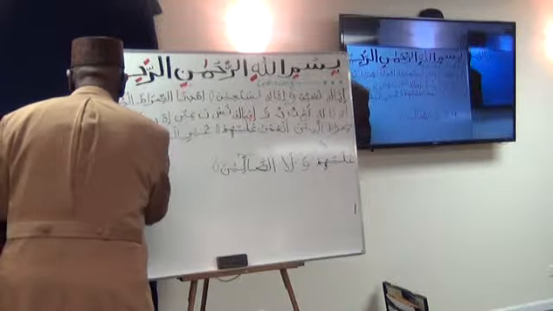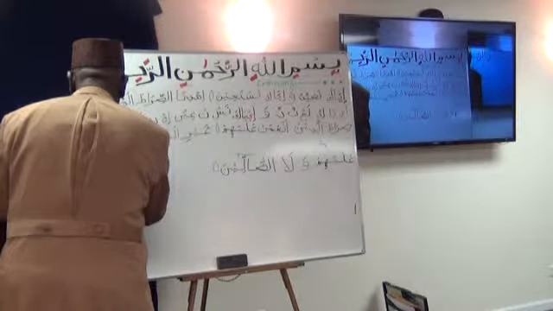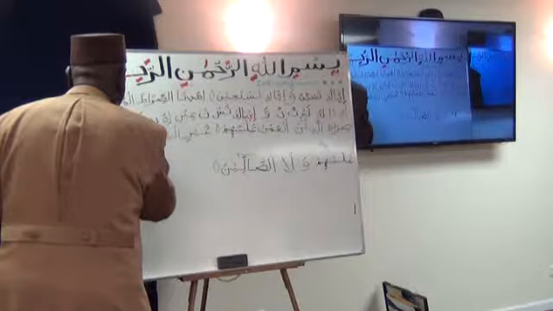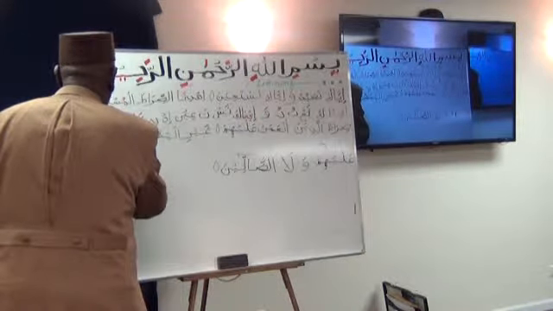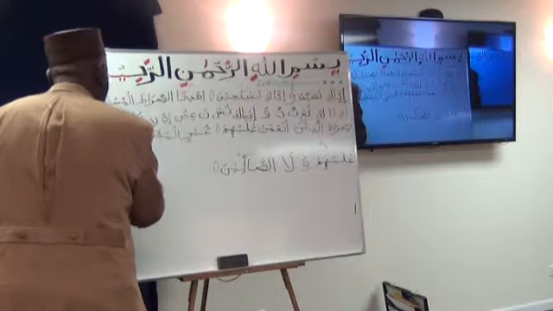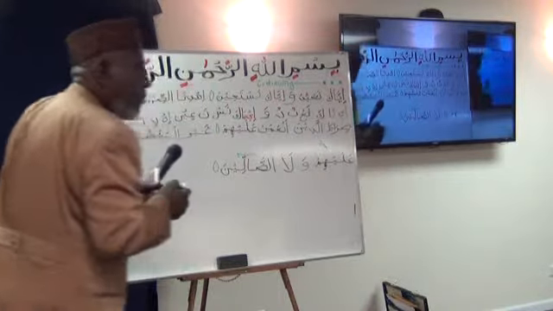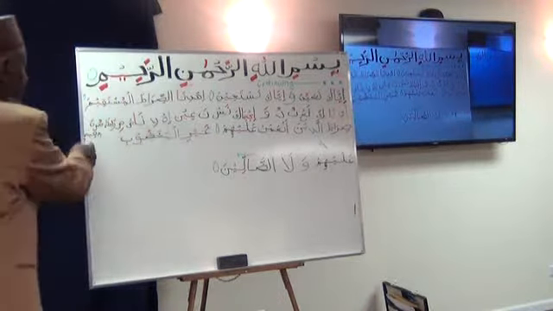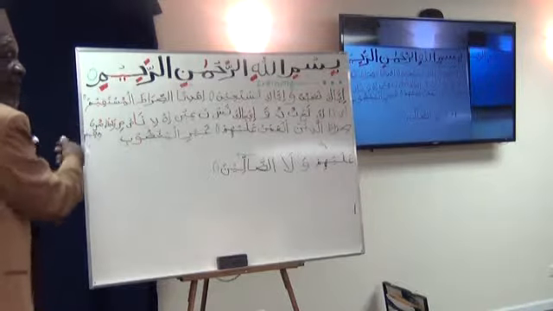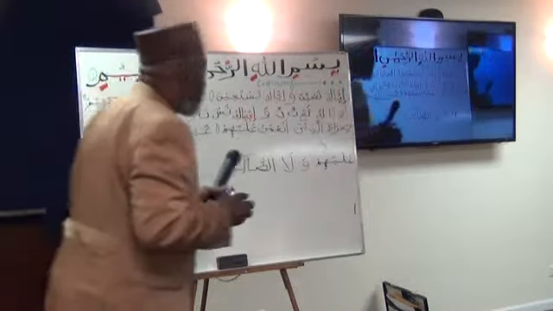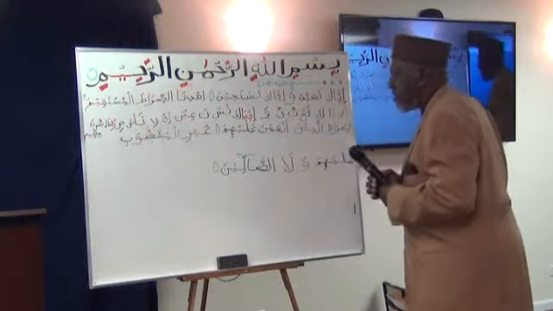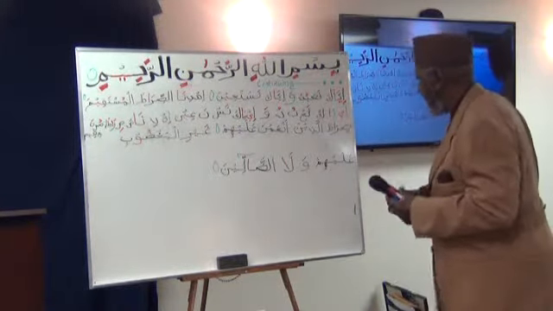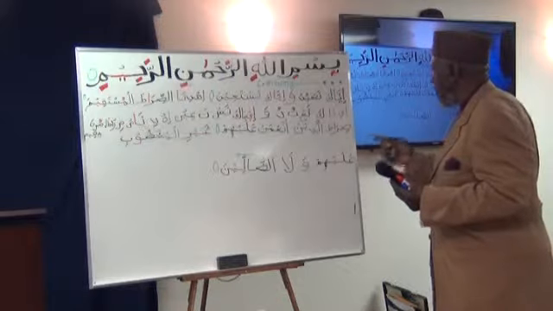I know y'all let me go because y'all like me. That's all right. That's Brother Agin. Okay. Ihdinas siratal mustaqim. All right. And put this in your mind that this seen should actually be on the line with this here. But because we are trying to move expeditiously due to the time, we ask you to tolerate it and ask Allah to forgive us. All right. Ihdinas siratal mustaqim.